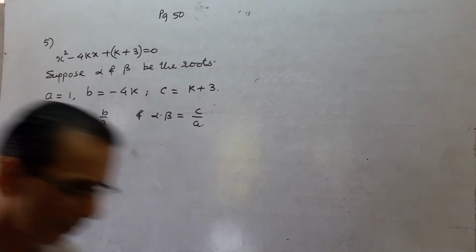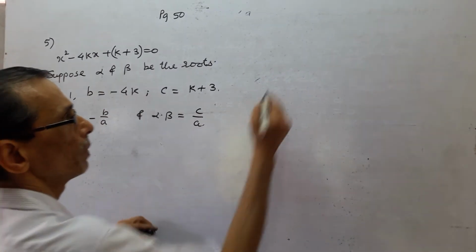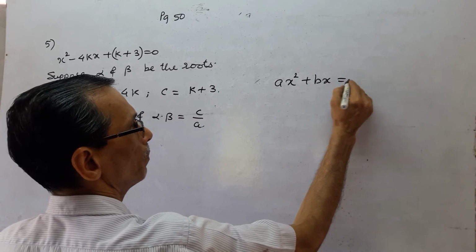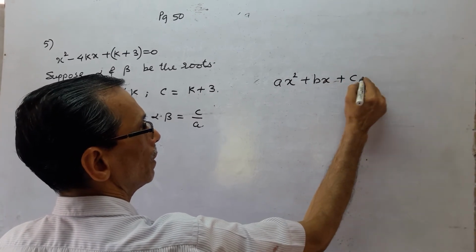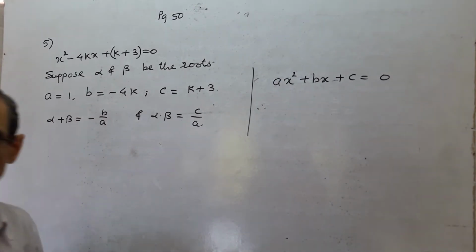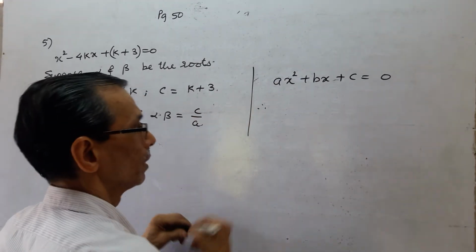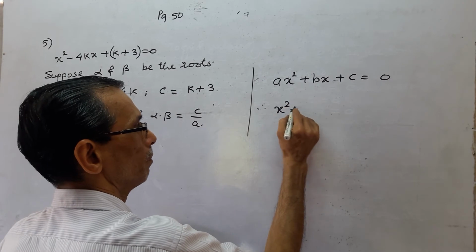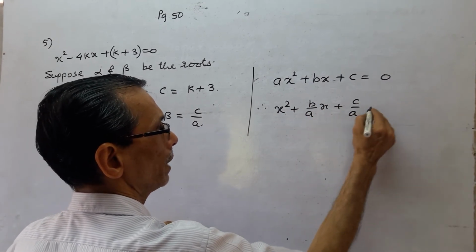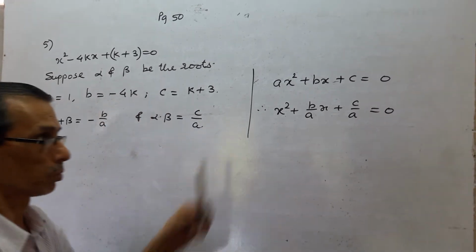Now you will say that how it came. So we have taken the general formula once again. See the general formula, ax square plus bx plus c equal to 0. Now divide by a throughout. So we get x square plus b upon a x plus c upon a equal to 0. So we are dividing by a throughout.